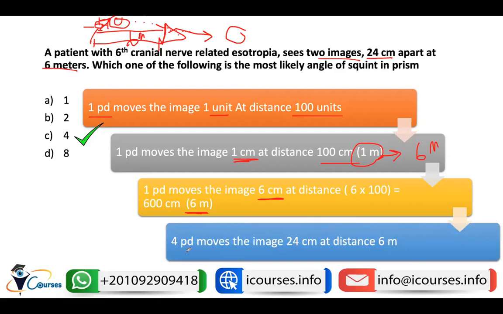And what happens if we use 4 prism diopters at a distance of 6 meters? We multiply 6 by 4, and it will be 24 centimeters. So the right answer is that 4 prism diopters will displace two images 24 centimeters if they are placed 6 meters away. I hope now that you understand how we calculate it.